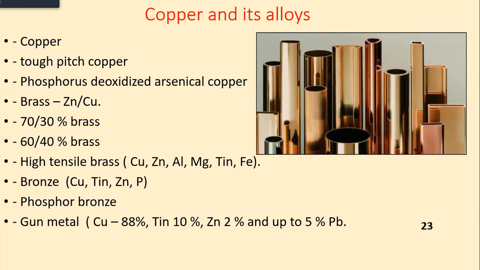Gunmetal: copper 88%, tin 10%, zinc 2%, with lead up to 5%. So that is gunmetal. Gunmetal is very dangerous. Okay. But anyway, we produce this one, not an important element.